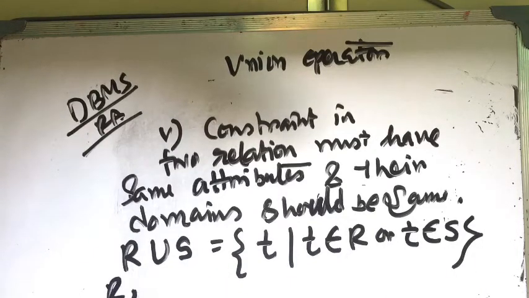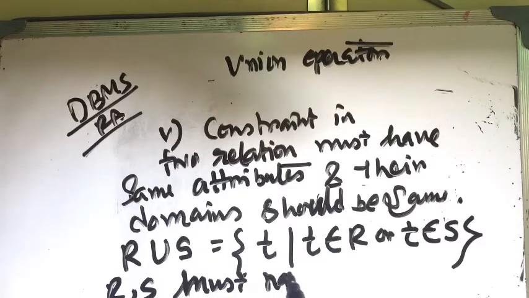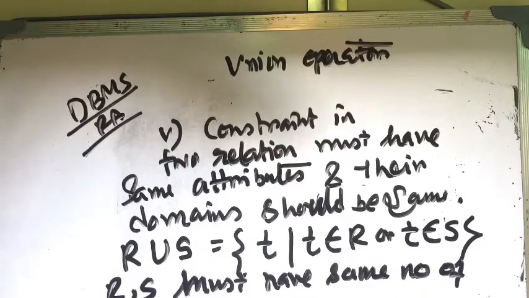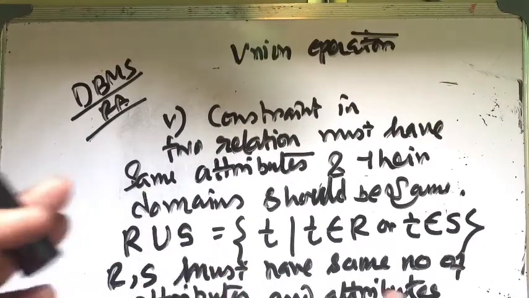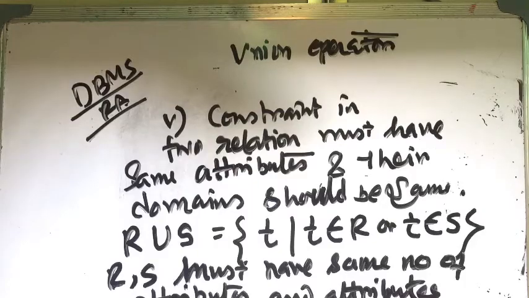This is the rule: R and S must have the same number of attributes, and attribute domains must be compatible. So this is the constraint for the union operator.